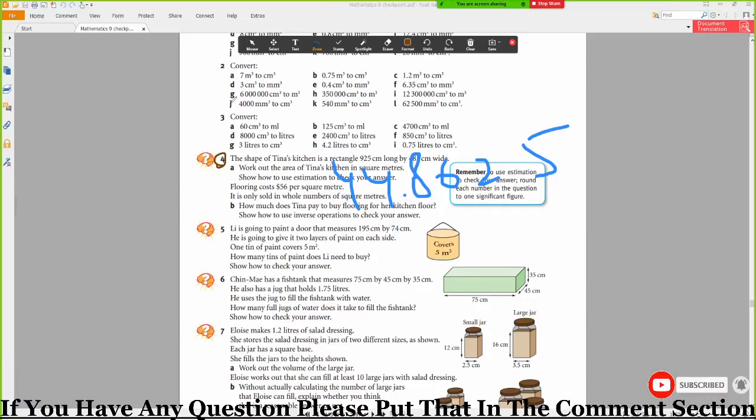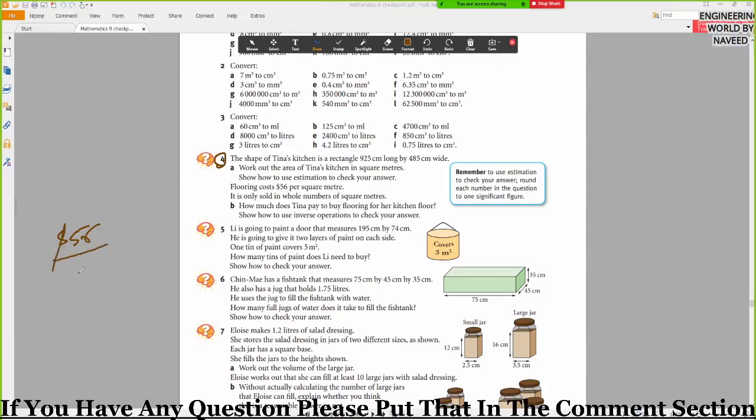It is only sold in whole number of square meter. How much does Tina pay to buy flooring? अच्छा, इसको आप इस तरह भी कर सकते हो कि $56 per meter square. We need to find this.